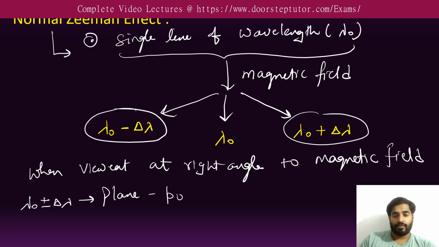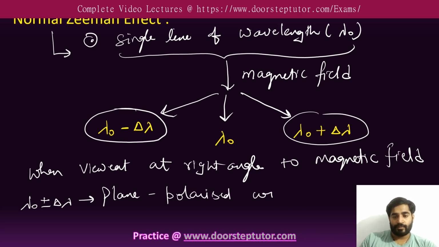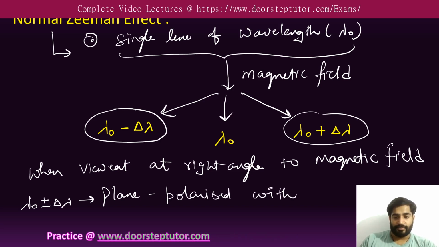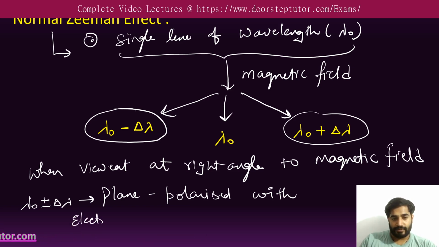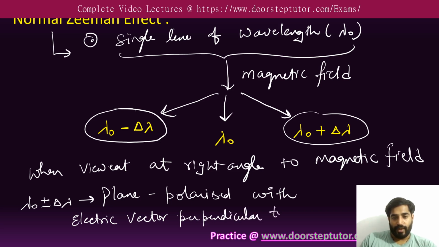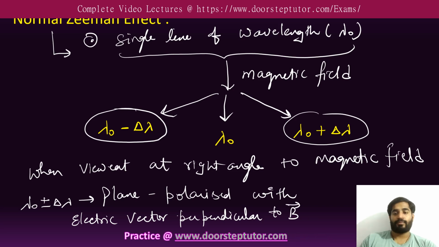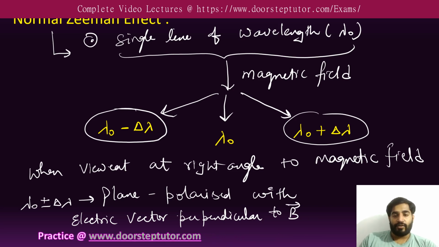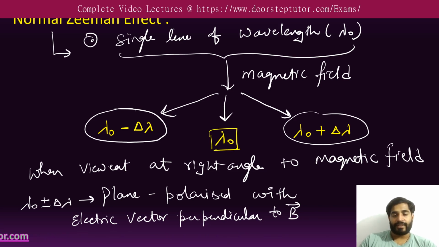Plane polarized with the electric vector perpendicular to the magnetic field B. And if we talk about the central one, lambda naught, what is this now?